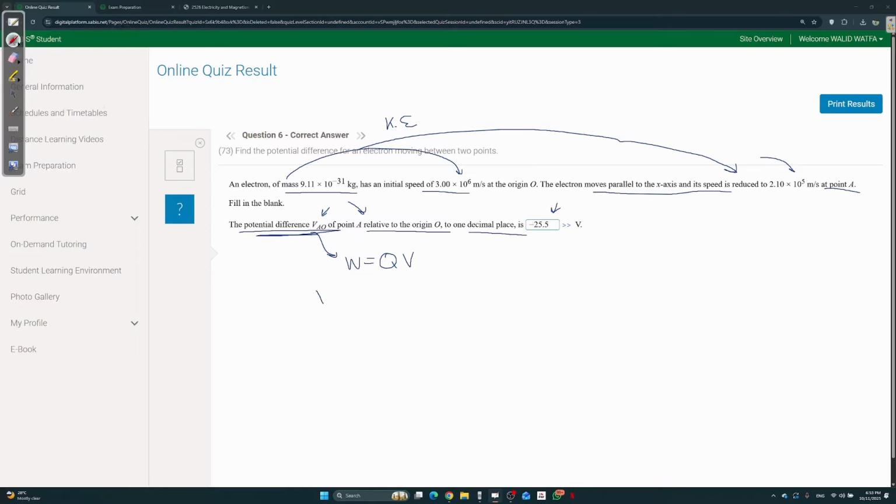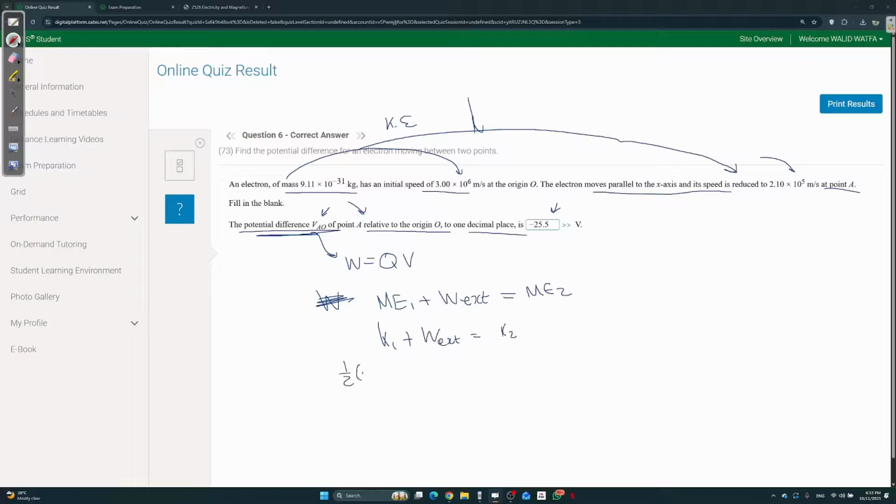And I think you guys are familiar with the conservation of mechanical energy. ME1 plus work external equals ME2, right? Now this is kinetic energy, so it's part of the mechanical energy because it's moving. So we could say K1 plus the work done equals K2. So let's do it.